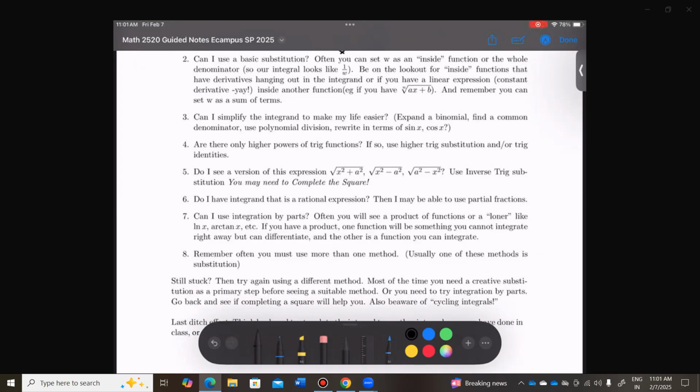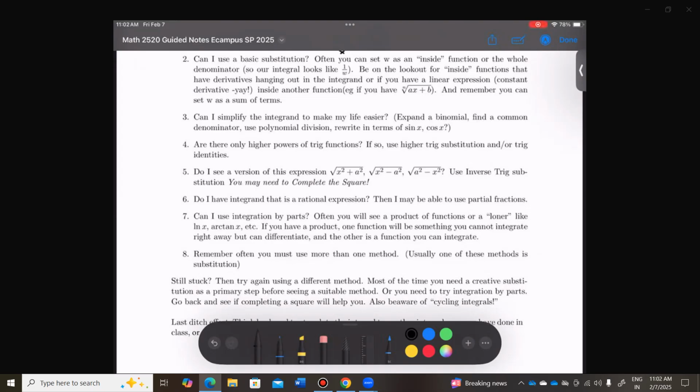Are there any radicals that have x squared or a squared, x squared minus a squared, x squared plus a squared, that kind of thing? Then we can use inverse trig substitution. Is the integrand a rational expression? Then it's possible to use partial fractions. Or you may have to use integration by parts.